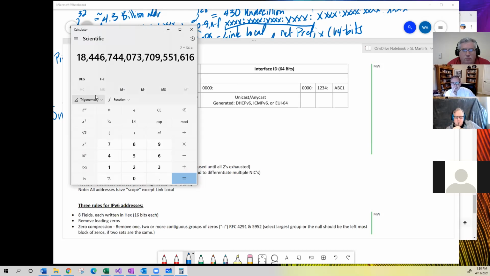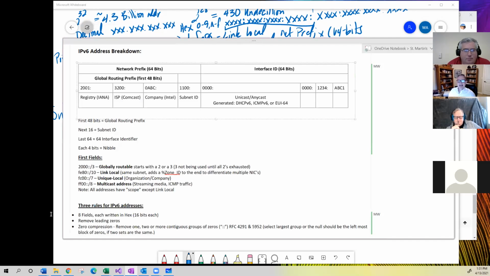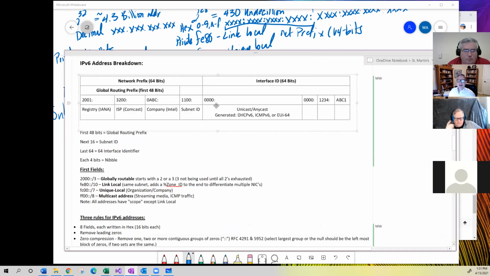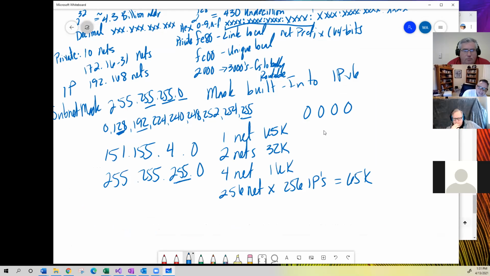And that's 18 quintillion. So that's a better thing. Your subnet mask does not affect the number of IP addresses per subnet. Always 18 quintillion.